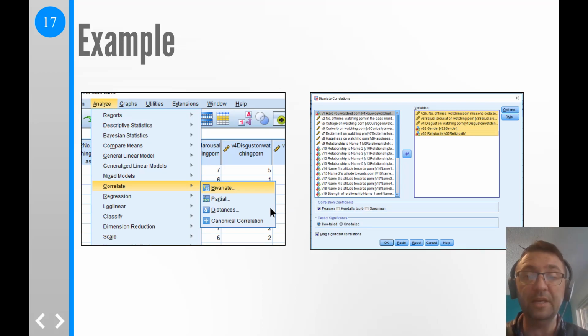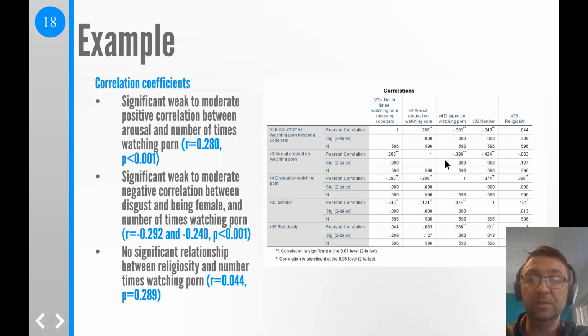Okay, let's do an example of Pearson's correlation. So we go to Analyze, Correlate, Bivariate. We'll push across not all of them, but some of the variables. And this is what it looks like. A few things to notice. There is a significant weak to moderate positive correlation between arousal and the number of times watching porn.